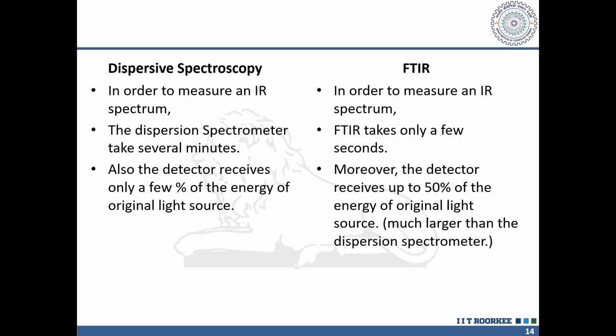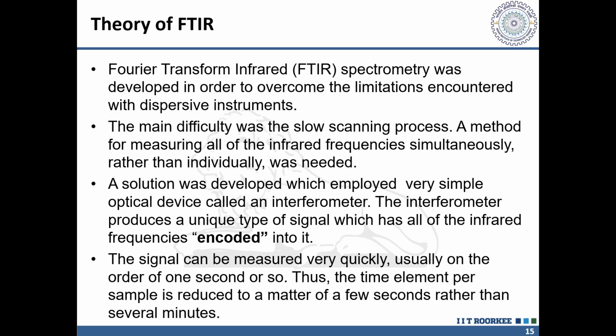So friends, in order to measure an IR spectrum, the dispersion spectrometer takes several minutes. Also, the detector receives only a few percent of the energy of the original light. But in FTIR, measuring an IR spectrum takes only a few seconds. Moreover, the detector receives up to 50% of the energy of the original light source. Fourier transform infrared spectrometry was developed in order to overcome the limitations encountered with dispersion instruments.